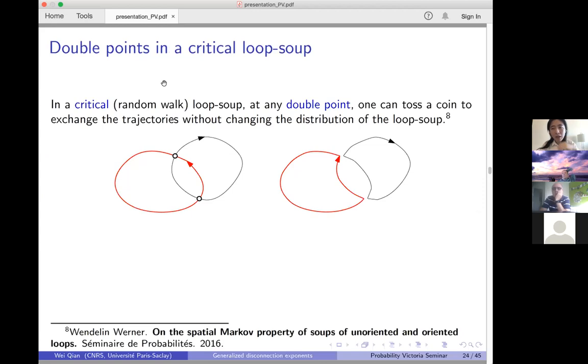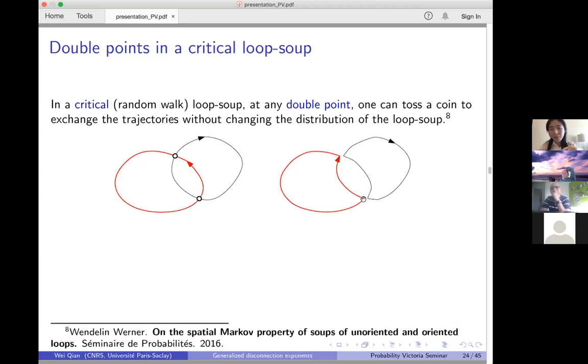In order to answer this question, I would first mention a result by Werner. He showed that in a critical random walk loop soup, at any double point, one can toss a coin to exchange the trajectories without changing the distribution of the loop soup. For example, on the left, I have two loops that cross each other and have two double points.